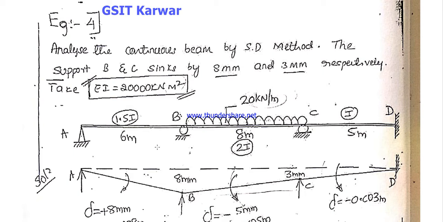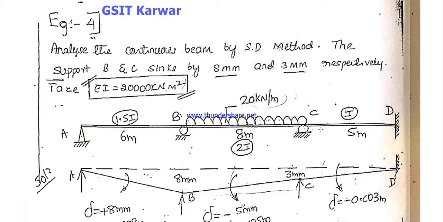The continuous beam line diagram is given. Three spans are there: AB, BC and CD. Consider span AB: there is no applied load on span AB. Considering span BC, a uniformly distributed load is there, 20 kilonewton per meter, and the span is 8 meter.